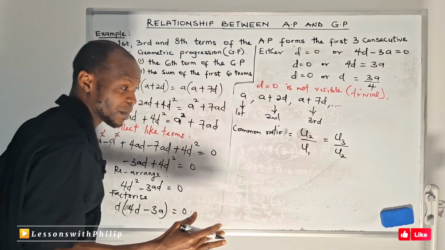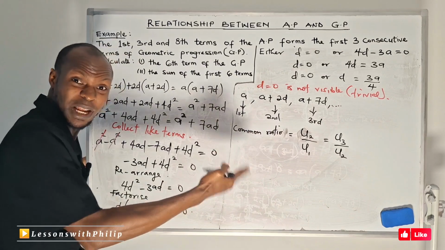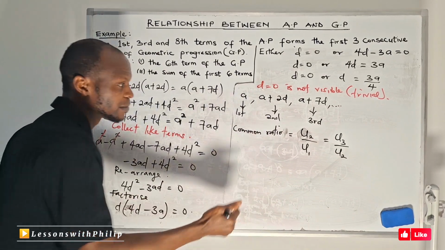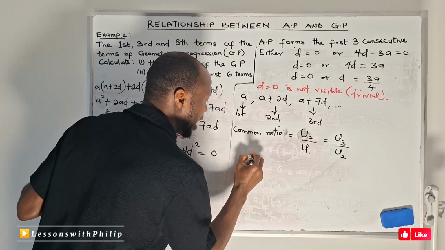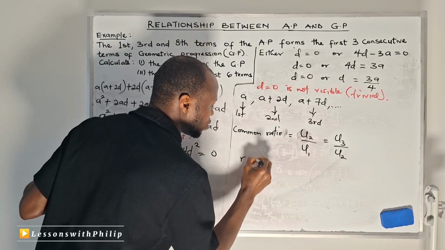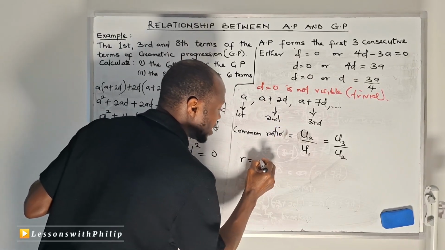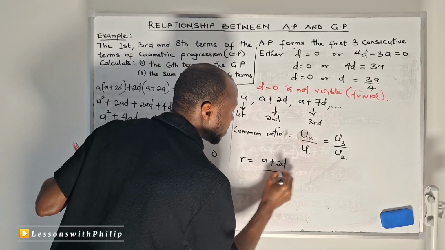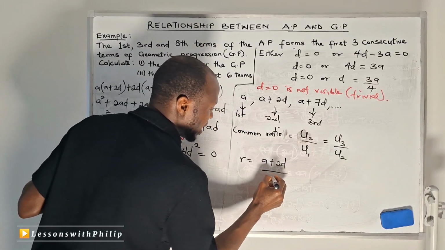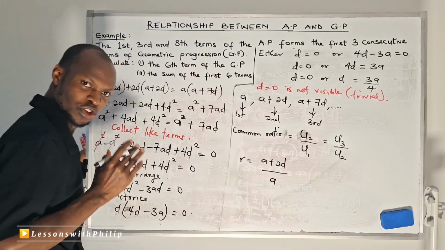Do you follow? Now, what is my second term? My second term is A plus 2D, divided by my first term, A.